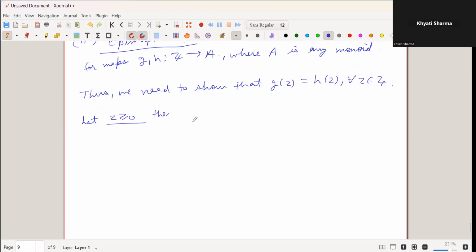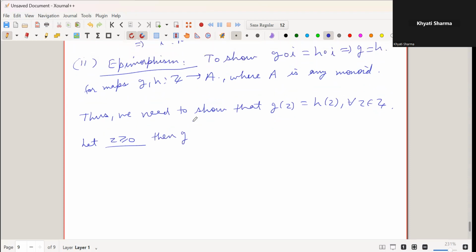Then G compose I of z equals H compose I of z.